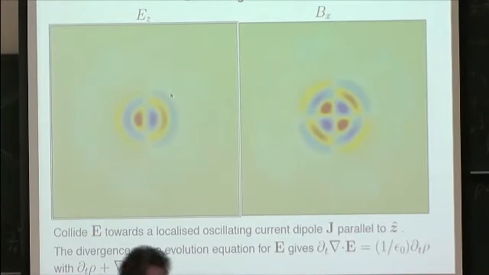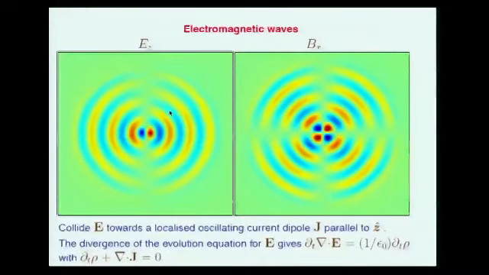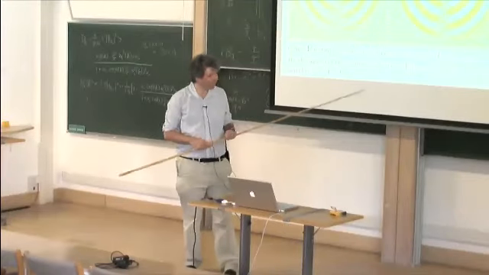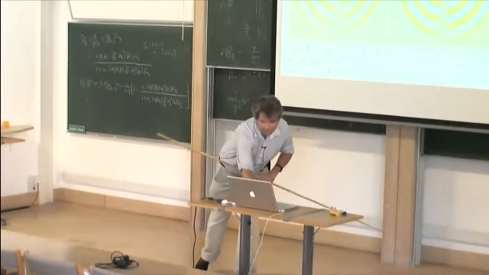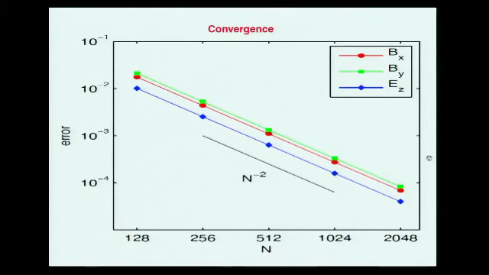This is radiation of electric field along the current, which is going into the board, and a component of magnetic field as computed using this scheme. And of course the charge conservation looks after itself. And I'm getting second order convergence under grid refinement towards spectral solutions of the same problem.